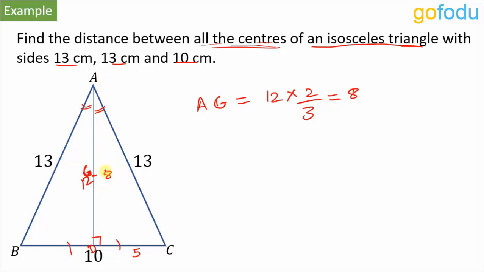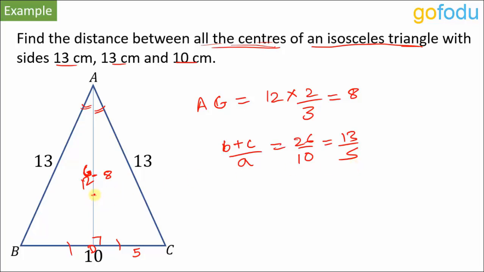Next is the incenter. Incenter will divide this angle bisector AD in the ratio B plus C is to A. B plus C is to A is what? 13 plus 13 upon 10, 26 upon 10, or we can say 13 upon 5. So this overall length 12 is to be divided in the ratio 13 is to 5.